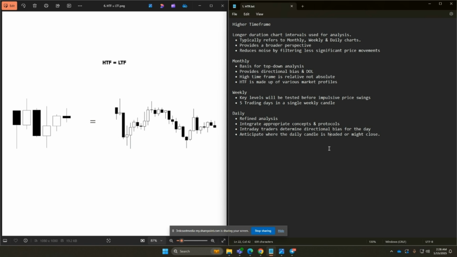Using the higher time frame allows us to reduce noise by filtering insignificant price movements. So if we're looking at the chart all day, which is not healthy, then we might see opportunities everywhere.